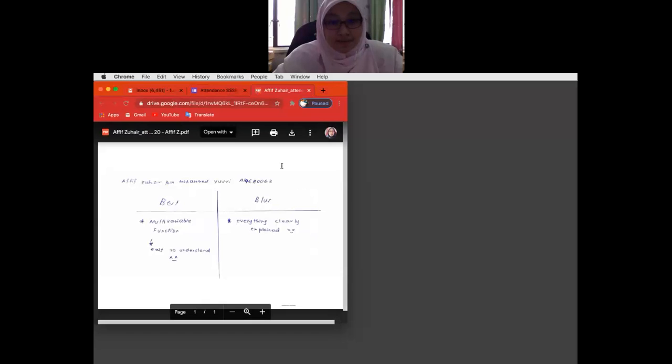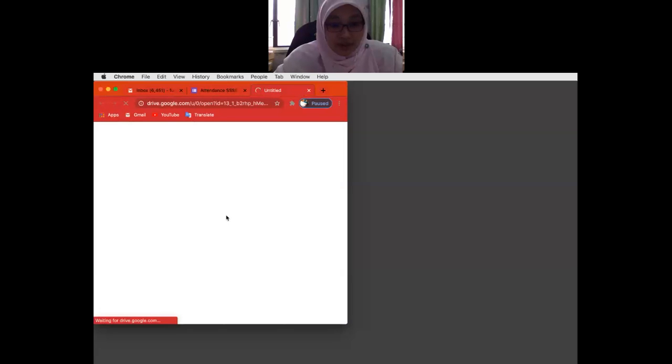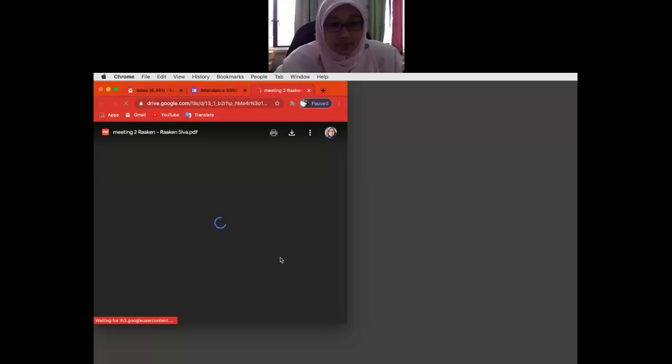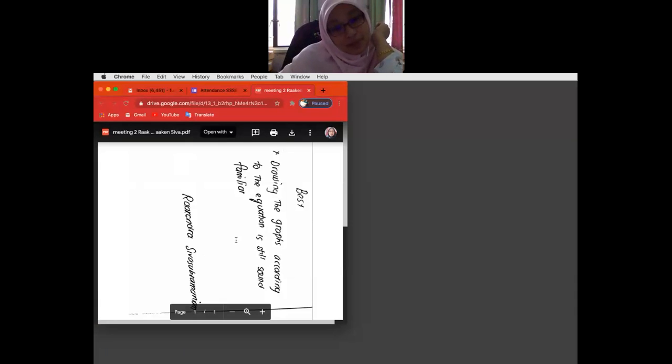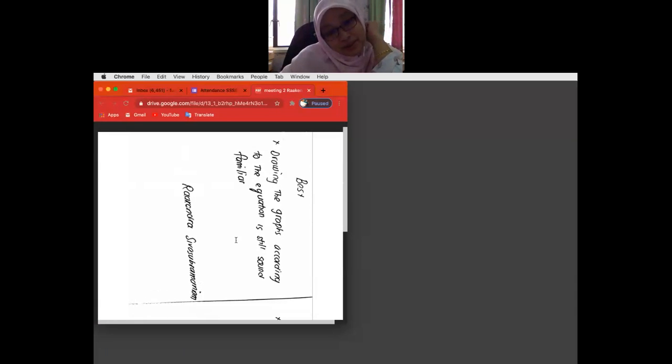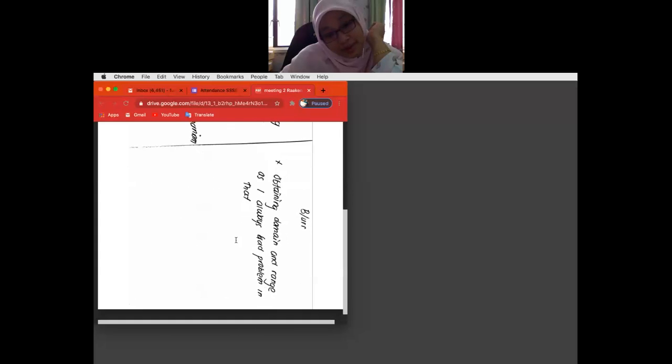And Rakin Siva: best part, drawing the graph according to the equation is still familiar. The blur part, containing domain and range, as always I have problem in that.